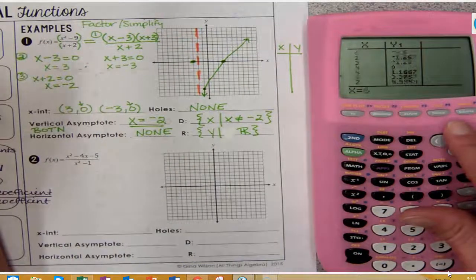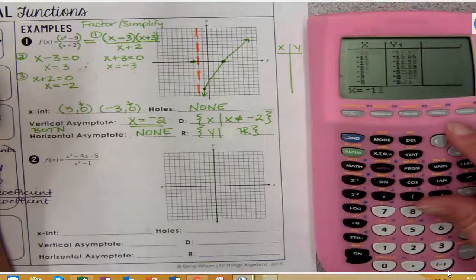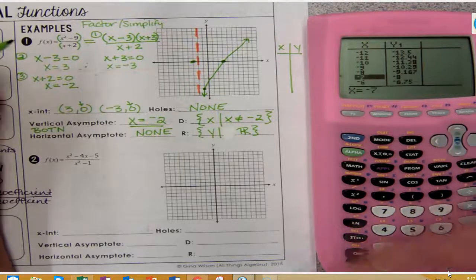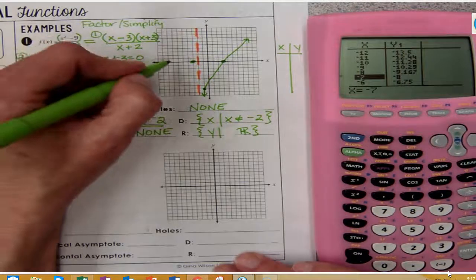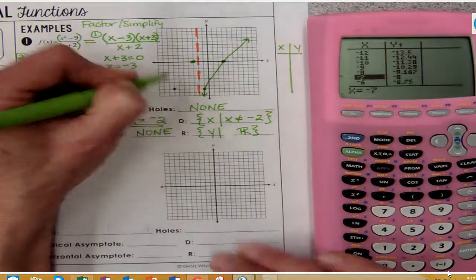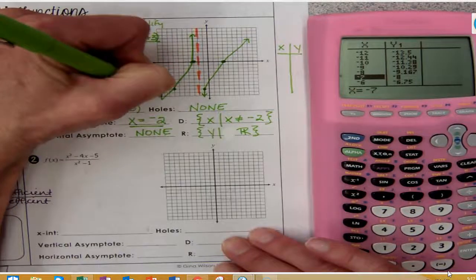What about on the negative side? I've got negative 3, 0. I don't see any whole numbers, so let me just pick one. Oh, here's negative 7, negative 8. So negative 7, negative 8, and it'll look like that.